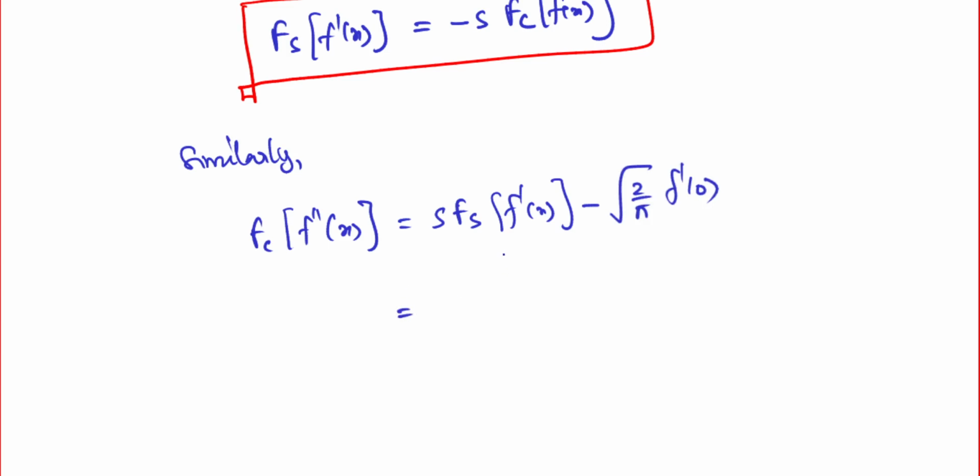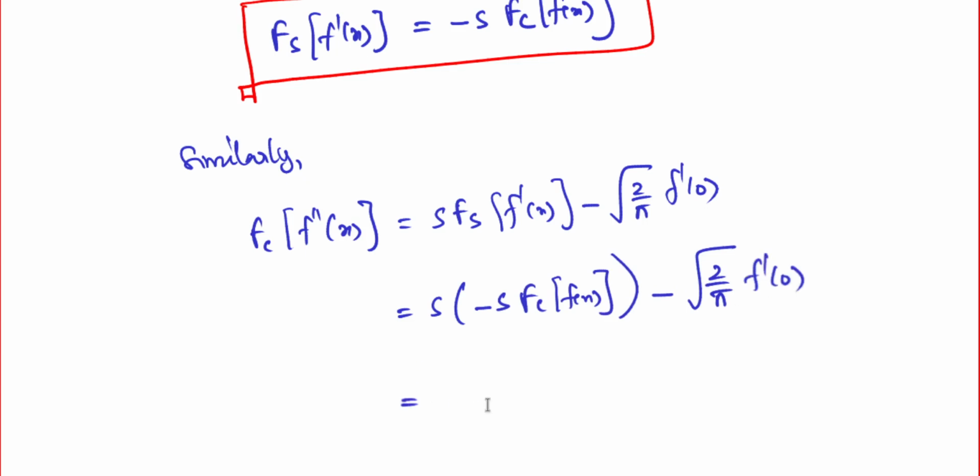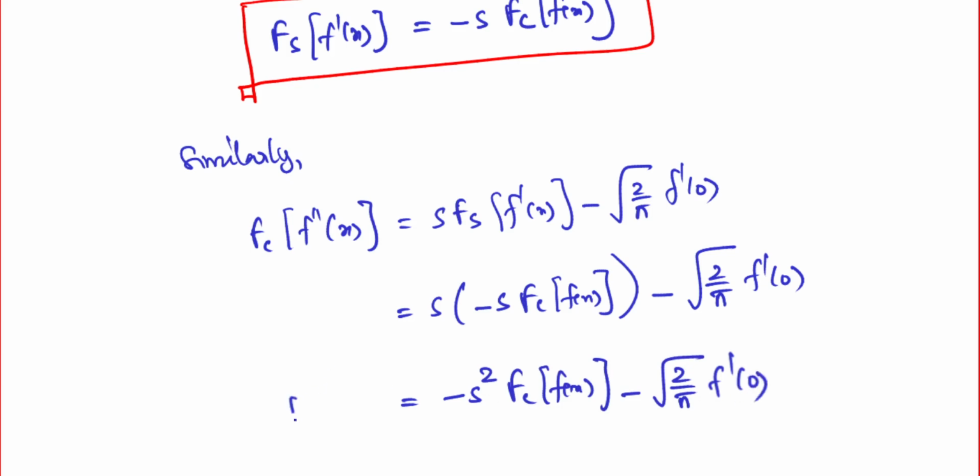Then, we have just proved that the sine transform of f dash is minus s times the Fourier cosine transform of f of x, so this is minus s square times the Fourier cosine transform of f of x, minus square root of 2 by pi into f dash of 0. So that's my Fourier cosine transform of f double dash.